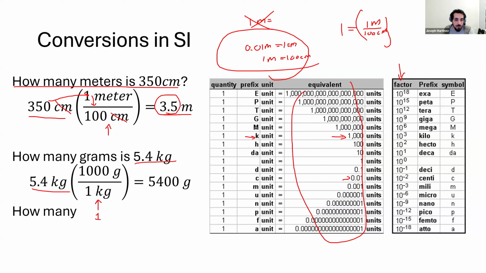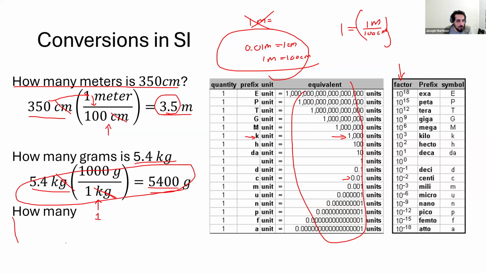You multiply it by 1, you don't change the measurement itself, you just change the way that it looks. So we now have 5.4 times 1,000 divided by 1, giving you the numerical value of 5,400. Kilograms cancel out, giving you grams. So you have your unit conversion.